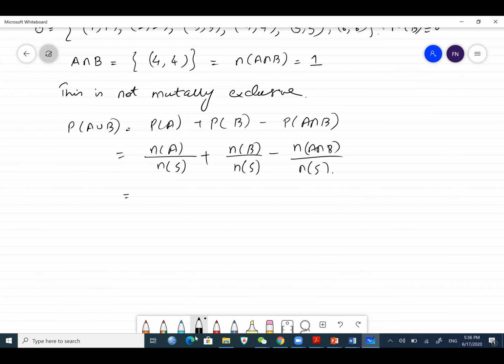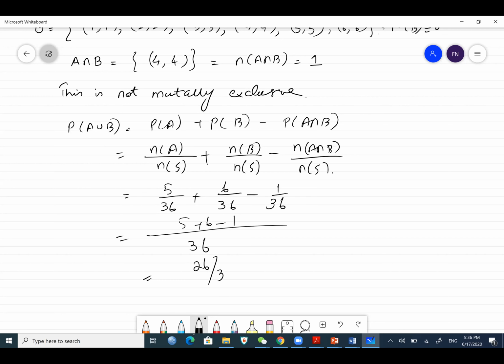So n of A is 5, sample space is 36, n of B is 6, sample space is 36, minus n of A intersection B, which is 1, over 36. So 5 plus 6 minus 1 is 10, over 36. So that is the probability of A union B.